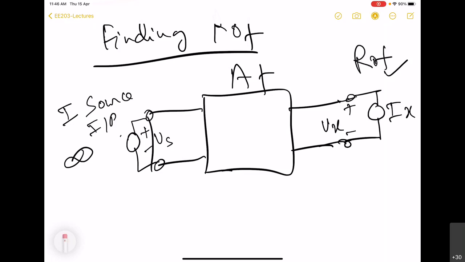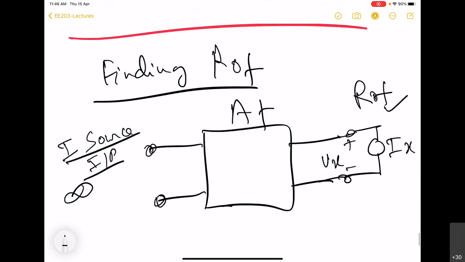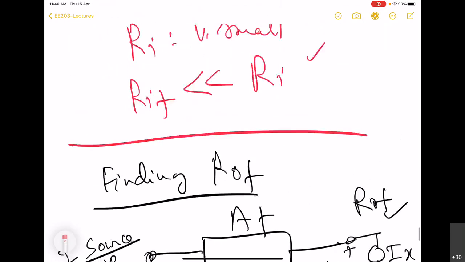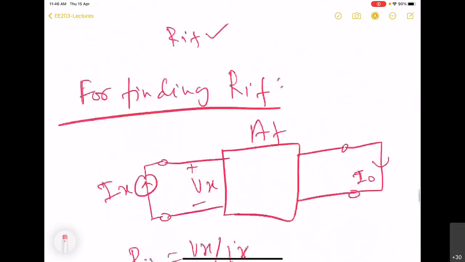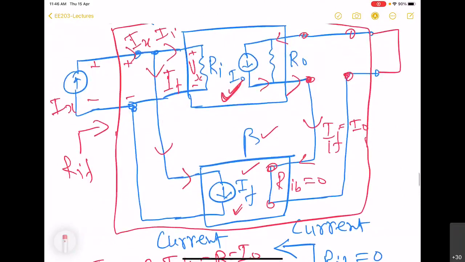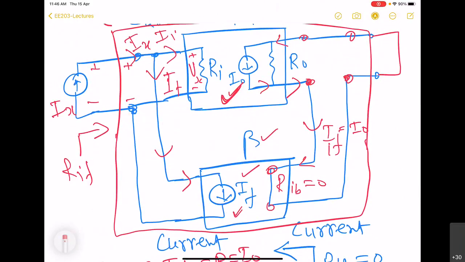But now this is a current source, so it will be excited by a current source, and for that impedance is infinite. So this is what we will have to maintain for finding out ROF. So now let us impose this condition here on the overall circuit and then try to find out the output impedance.